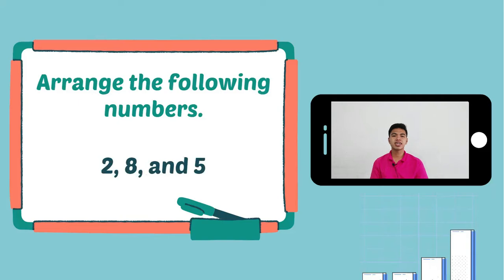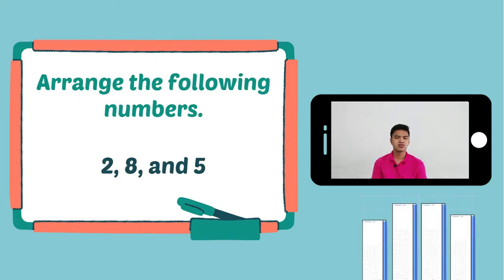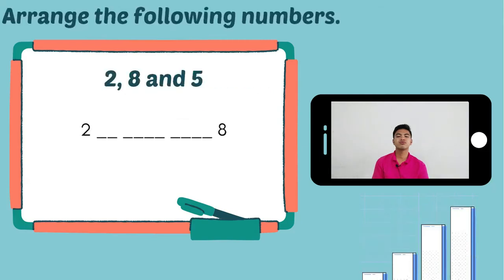Okay, here for the first example, we are going to arrange the following numbers. So what are those numbers? They are 2, 8, and 5. Okay, so let's try to arrange the following numbers. What are we going to do first in order to arrange them?